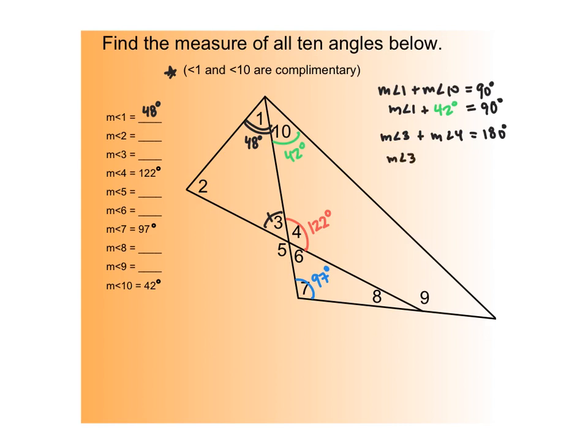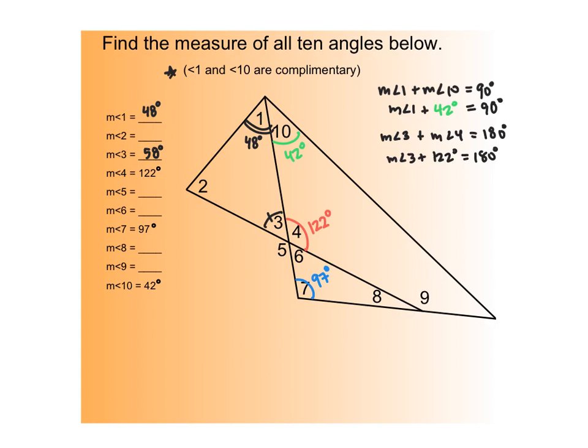So the measure of angle 3 plus 122 degrees gives me 180 degrees. So I subtract 122 degrees from 180 degrees, and I get angle 3's measure, which should be 58 degrees. Okay, 58 degrees.